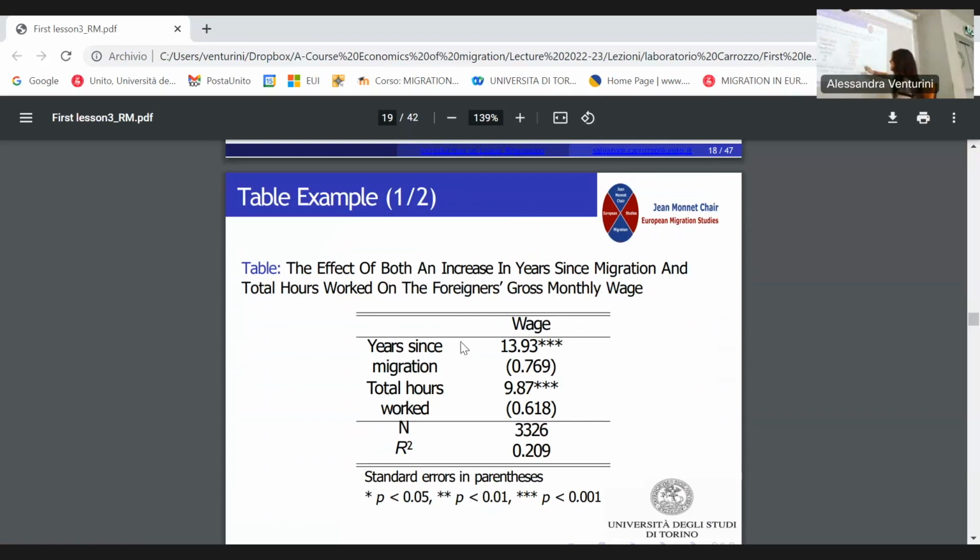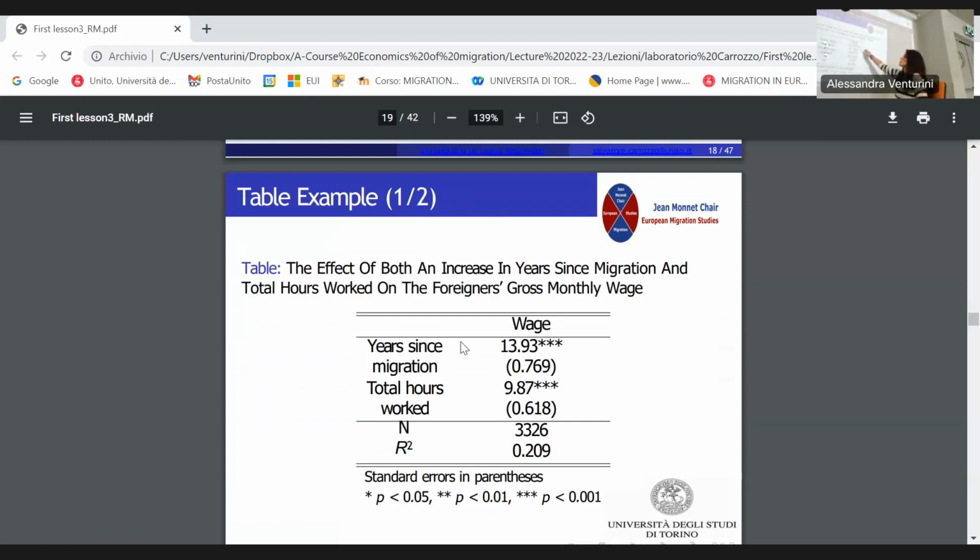The R square is higher because now we have two variables, and maybe our main relationship is better explained. The more variables you add, the more the R square increases, little by little. You need, however, to have a model in your mind, so you cannot insert any other variable. If you added, for instance, education, you would have another effect. But the result is very interesting because the coefficient of years in migration doesn't change so much.